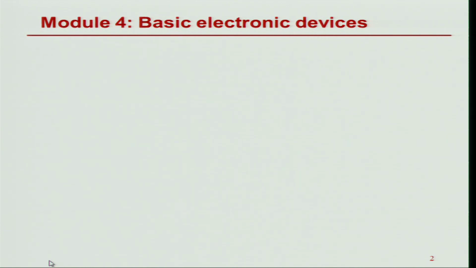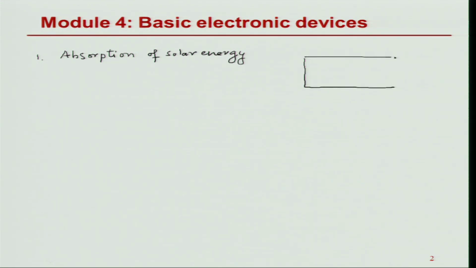As you can see, the first step in a solar cell is absorption of the solar energy. We have seen this earlier, that if I have a semiconductor, by virtue of its electronic structure, we can create an electron hole pair as long as the incoming energy that I am bringing is greater than the band gap of the semiconductor.